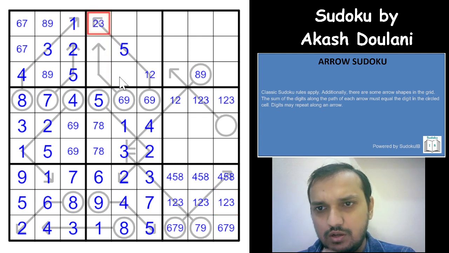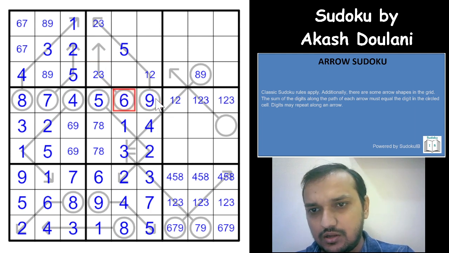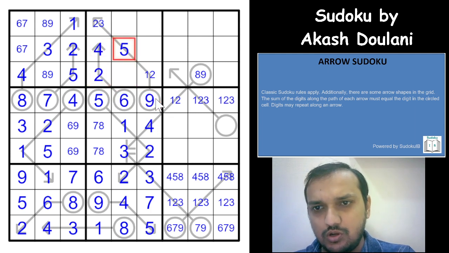This cell is not a 1. 4, 5, 1. This is 2, 3. Oh, this cell cannot be a 6. Of course, you could have written that earlier actually. So that gives you a 2 and a 4. That gives you 3 and a 1.